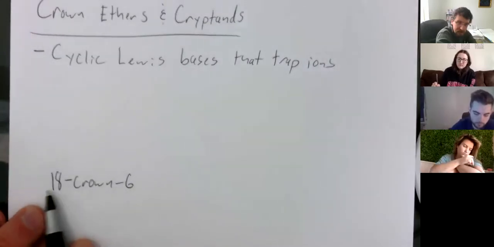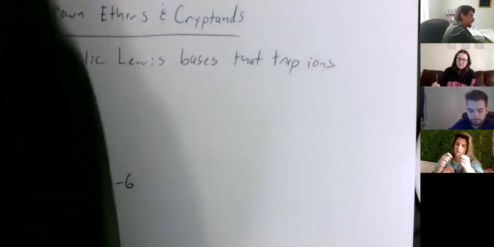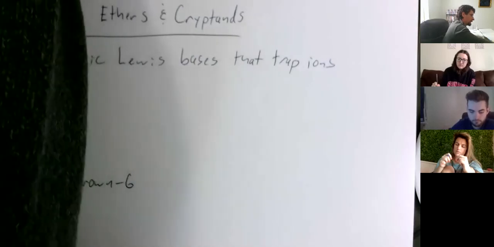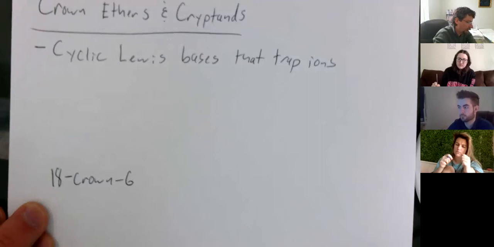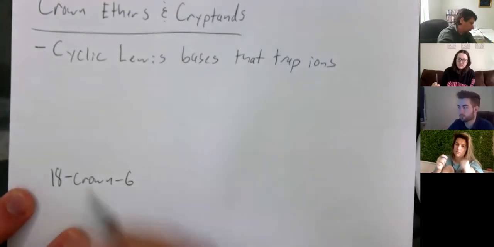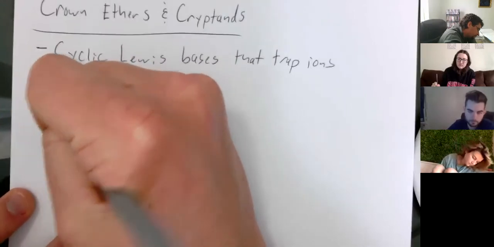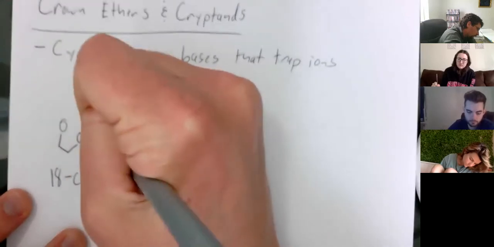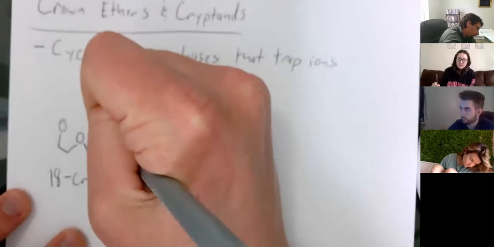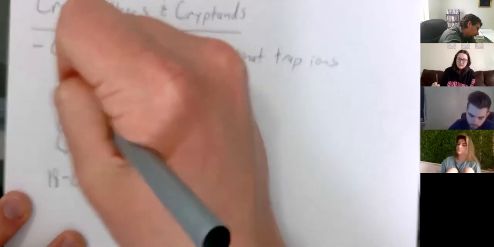What does the 18 tell us? Number of carbons, I think? Attached. 2, 4, 6, 8, 10, 12. I think it's the total number of atoms in the crown. Atoms. Okay, so 12 carbons. Yep. 1, 2, 3, 4, 5.